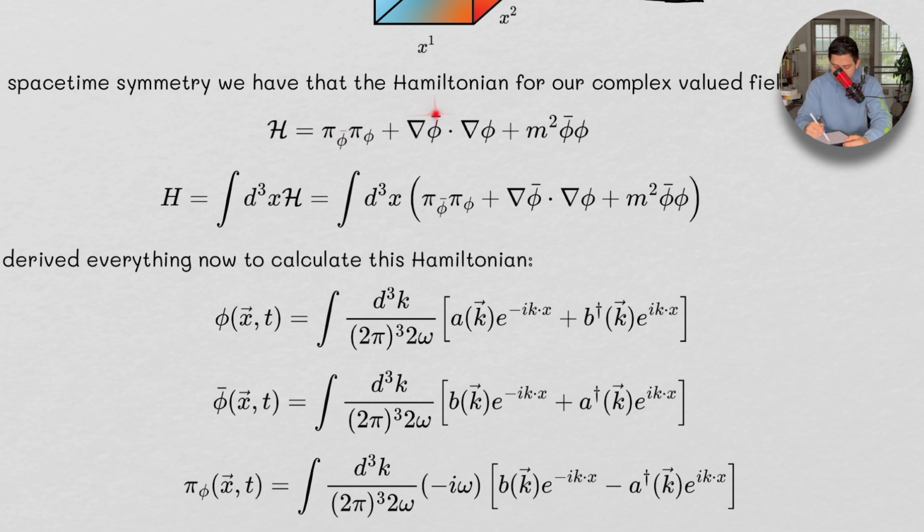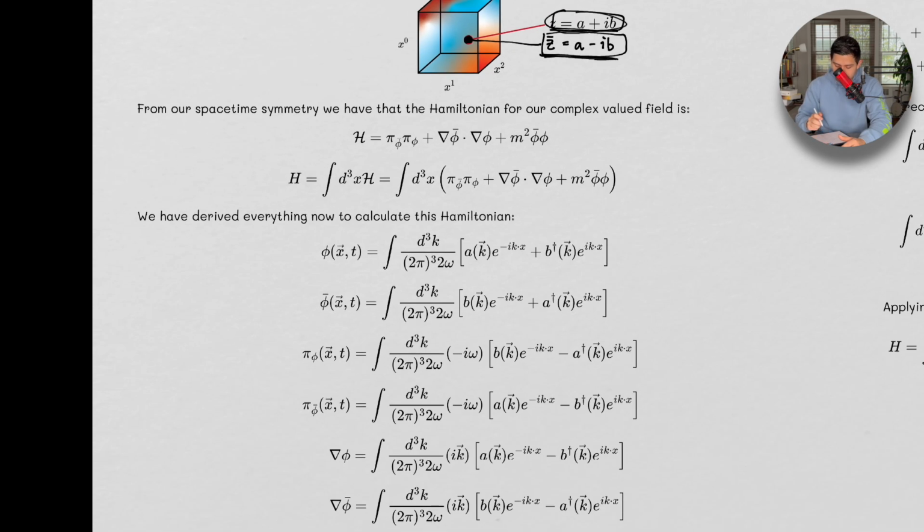Keep in mind that if this was a real valued field, not a complex valued field, then this would just reduce down to a regular Hamiltonian. These guys would no longer have bars on them, and we just get the regular Hamiltonian back. So in some sense, this is a more generalized notion of our scalar field.